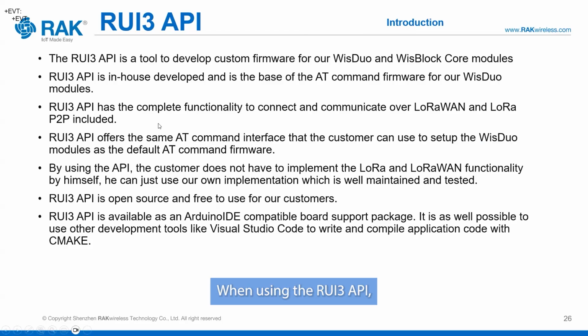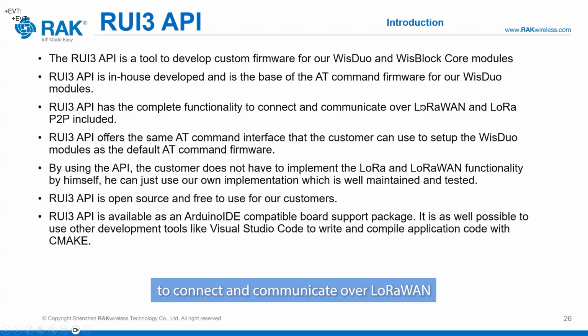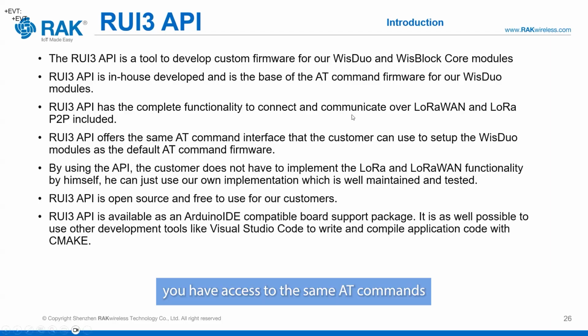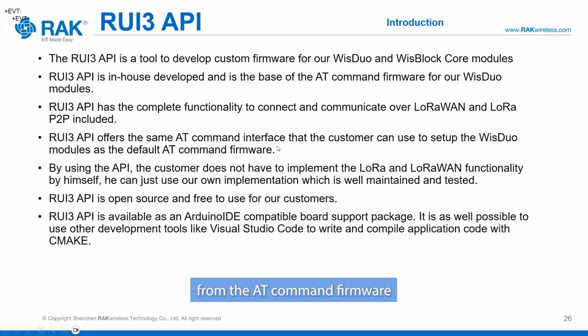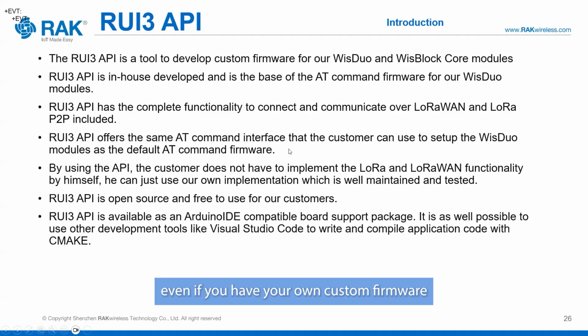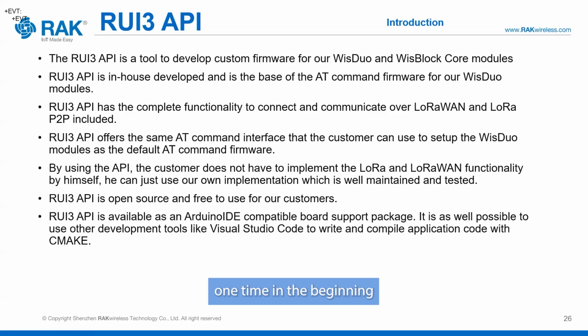When using the RUI3 API, it has the complete functionality to connect and communicate over LoRaWAN or LoRa P2P included, same as the standard AT command firmware. You have access to the same AT commands that you know from the AT command firmware, so that is always included. So even if you have your own custom firmware, it is easy to do the setup one time in the beginning with the AT commands.